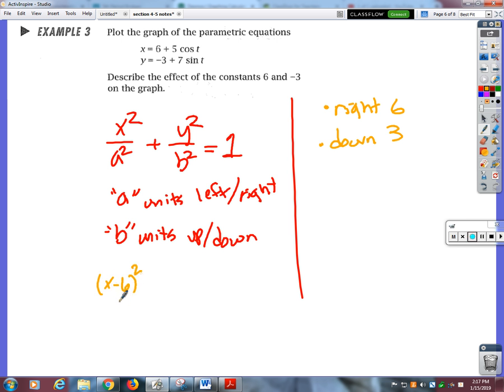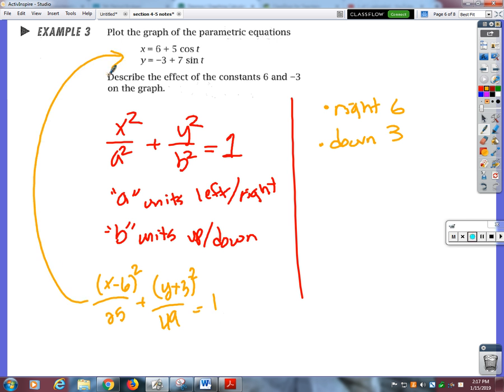X minus 6 squared over 25 plus y plus 3 squared over 49 equals 1. That's those two equations in regular XY form. Does that help you, Cody? Okay. You got it?